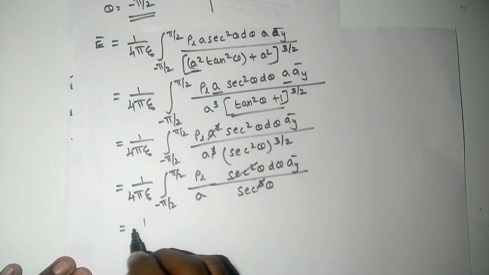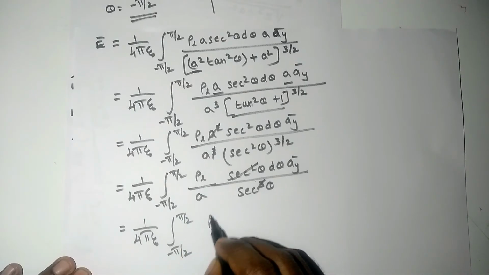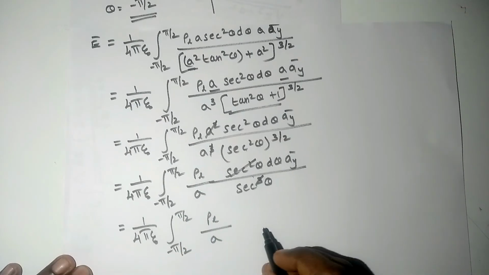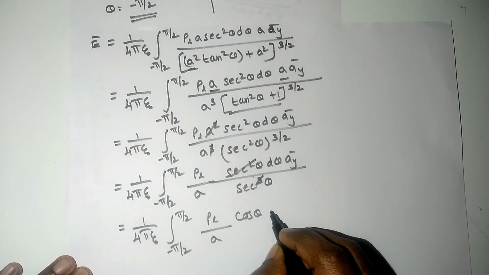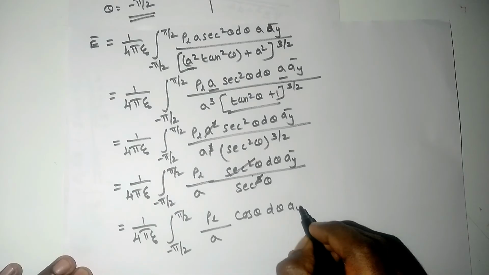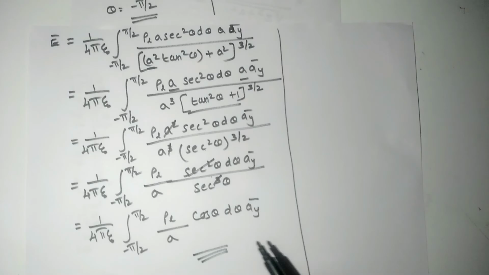So this will be equal to 1 by 4 pi epsilon 0 minus pi by 2 to plus pi by 2 rho L divided by a. 1 by secant theta is cos theta into d theta a_y. Now we shall integrate this equation.